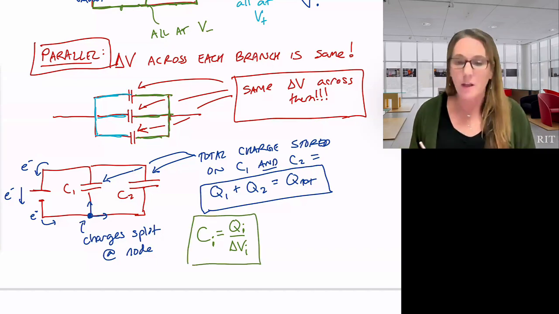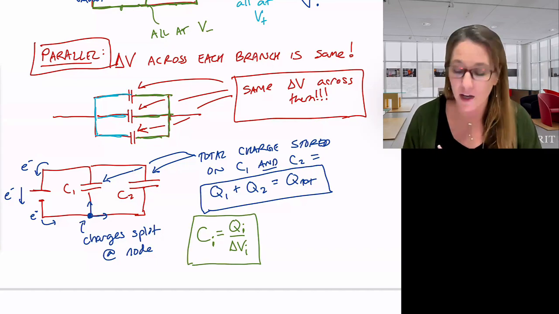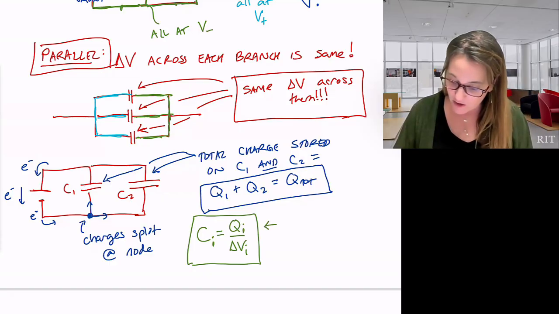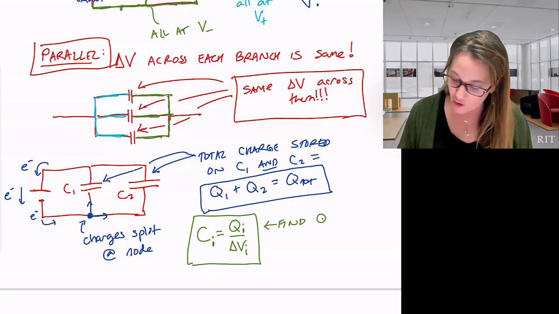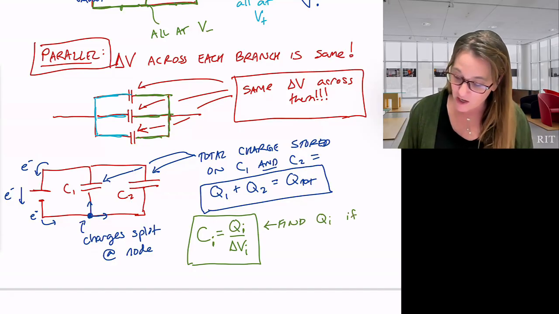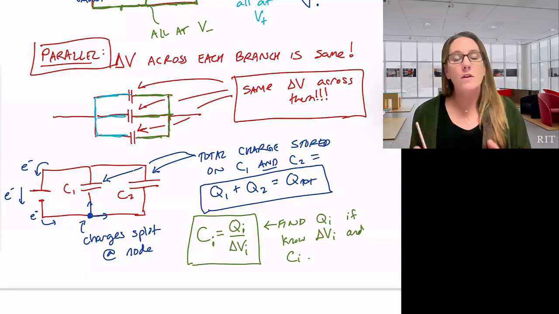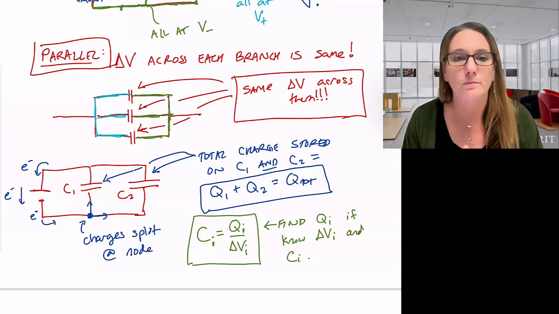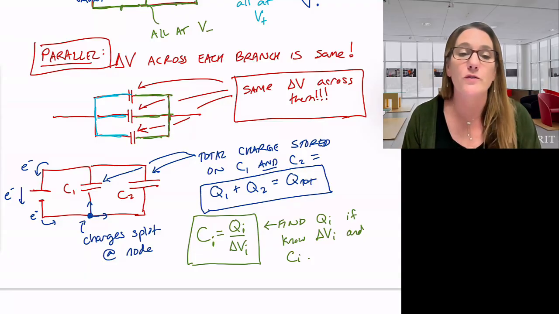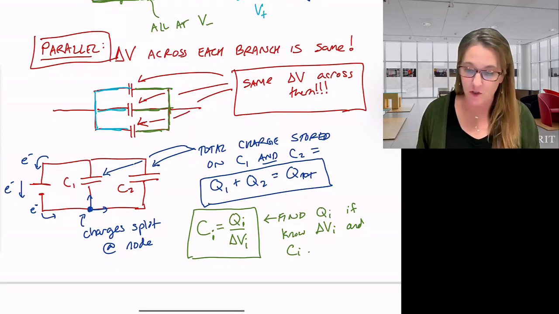And so we can find the Q across a capacitor if you know your delta V across it and you know your capacitance. And then you could get your total charge. So that's our basics for our parallel combination.